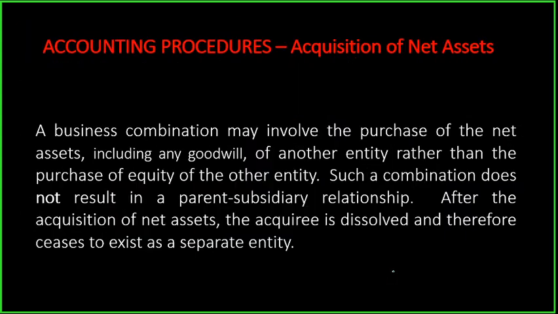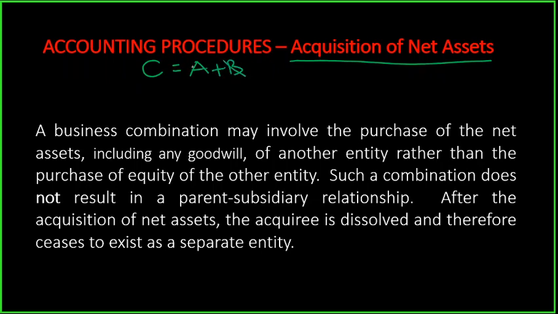Accounting procedures. Okay, so let's start with some examples. Assuming the combination is through acquisition of assets. Or let's review. If the combination is through acquisition of assets, this could be consolidation when there is a newly created company, which will absorb A and B, di ba?